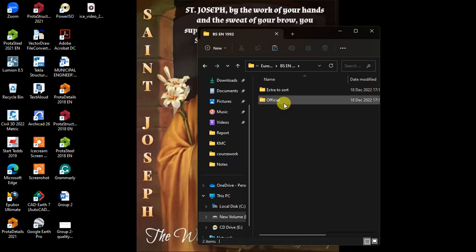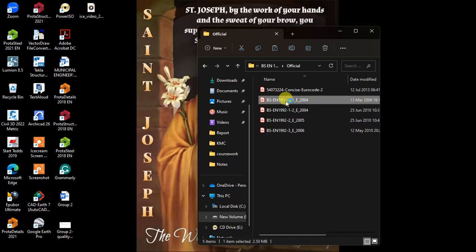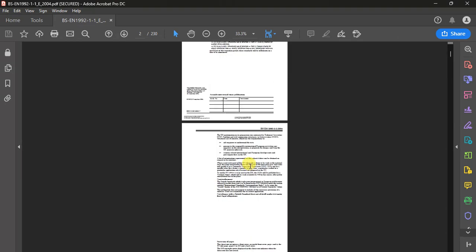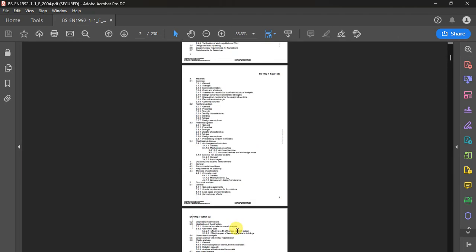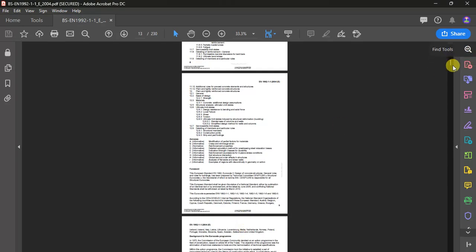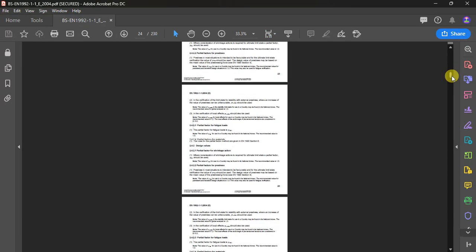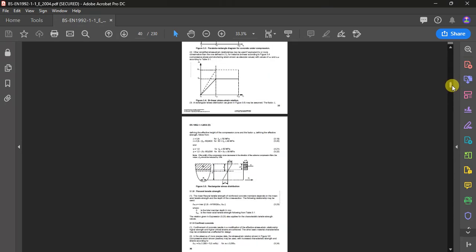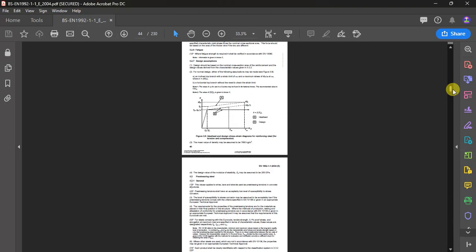Eurocode 2. Somewhere it shows about the columns, the beams.